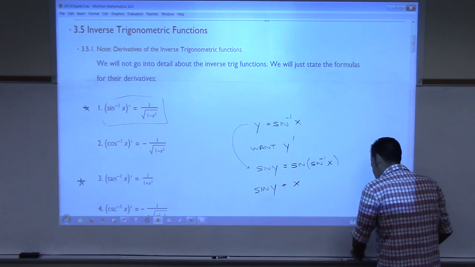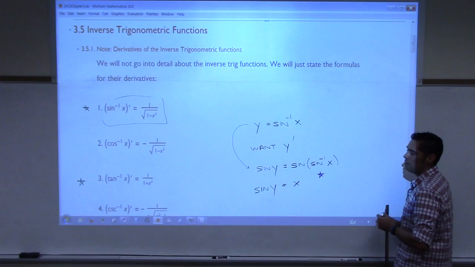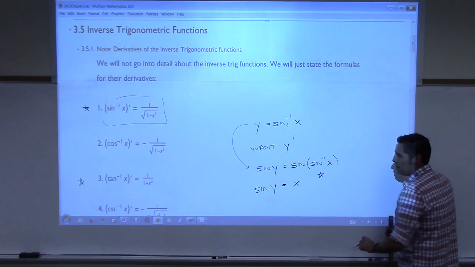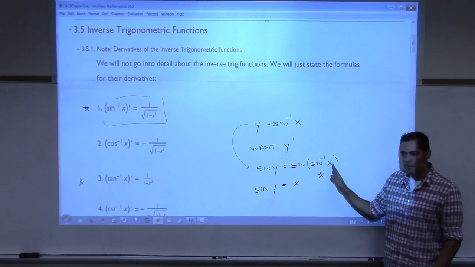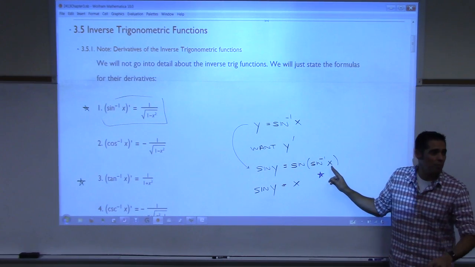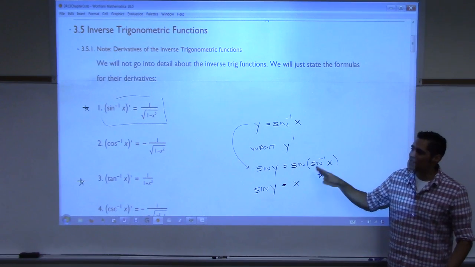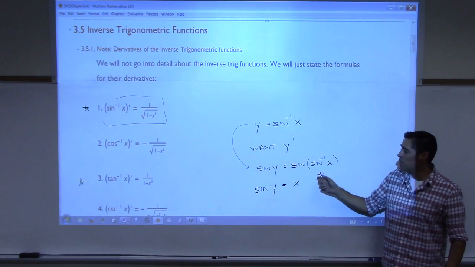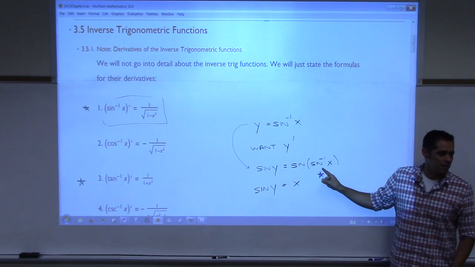So I want to put a little asterisk here. I'm not going to be testing you on the domain restrictions. I just want to be clear that the only way that this turns into x is if the x is restricted properly. If x is outside of the domain of the arc sine, this formula doesn't work. So we are assuming that this x does lie within the domain of the arc sine.